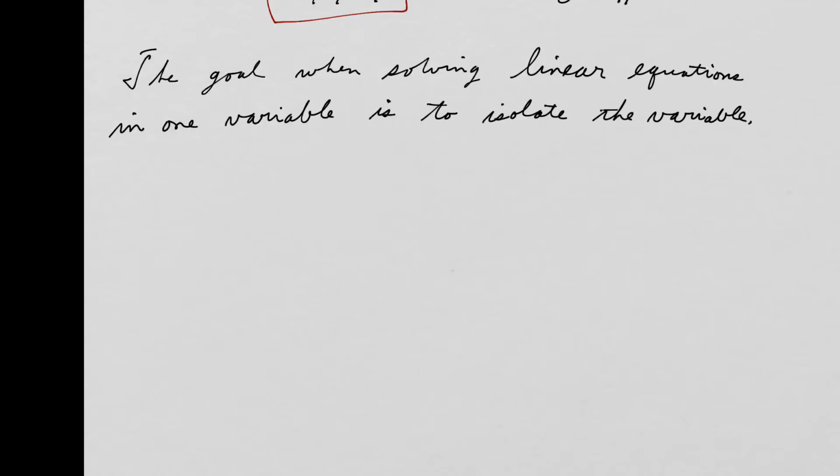If we can isolate the variable, then we can just read off the answer. For example, if we had something like, let's say 3x plus 4 is equal to 10. If I can do some operations on both sides of this equation, so I get it so that it says something like x, which is isolated by itself, equals, in this case 2, then I can read off the answer.